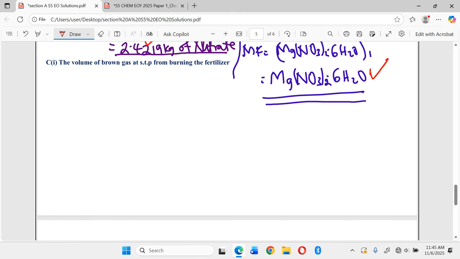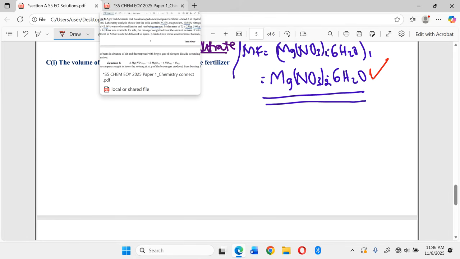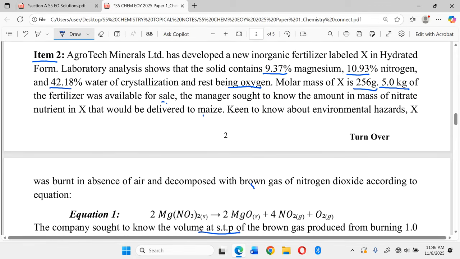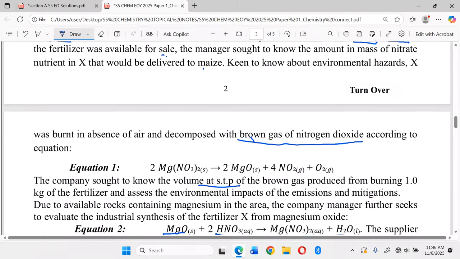Then the volume of brown gas at STP from burning the fertilizer. At this point, when getting this volume, we need to know about the environmental hazards. X was burnt in absence of air and decomposed to give brown gas of nitrogen dioxide according to the equation.